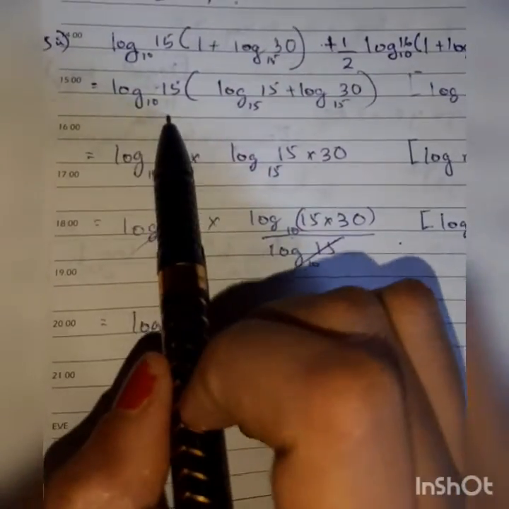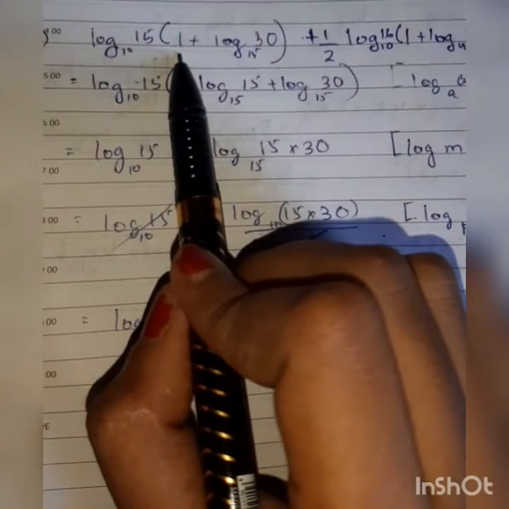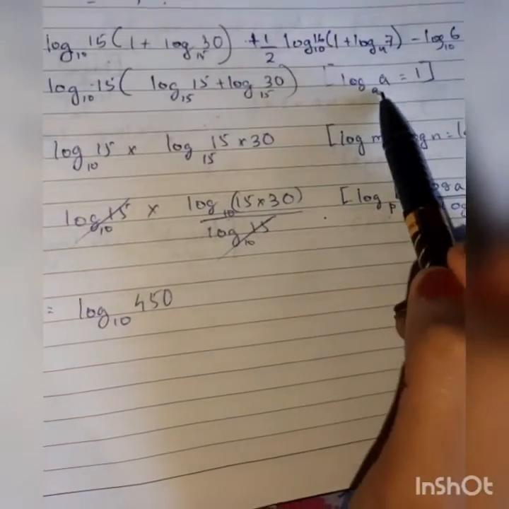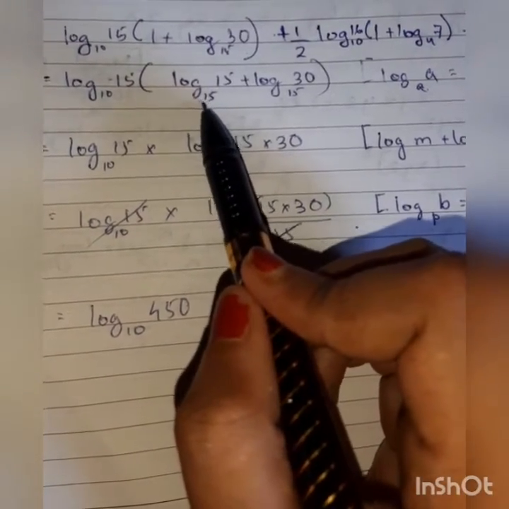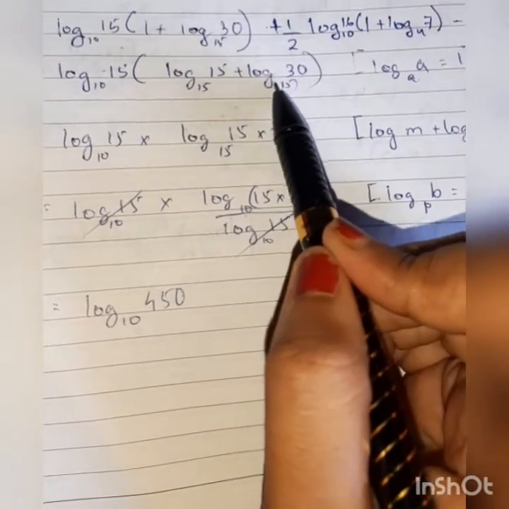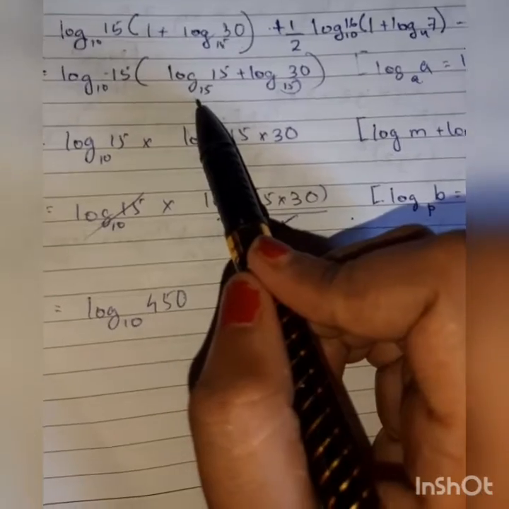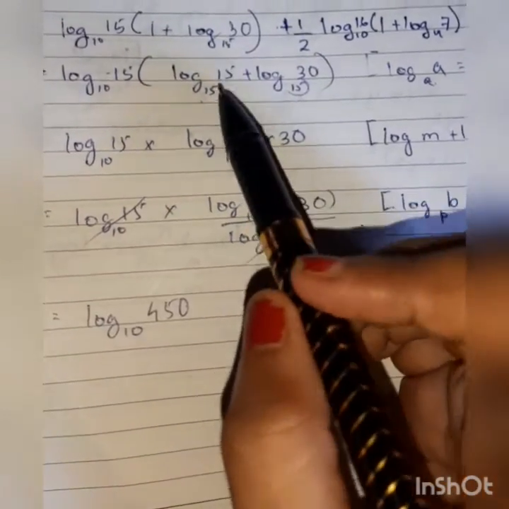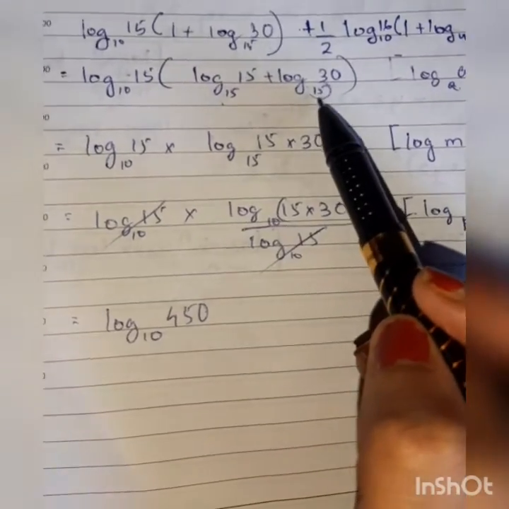So log 15 to the base 10 into this 1, I will change into log a to the base a. Now how will I do that? My base will be selected in such a manner that it is matching with this base. So here the base is 15. That is why I have chosen log 15 to the base 15. I could have chosen anything, log 10 to the base 10, log 3 to the base 3, but I have chosen 15 because the base here was 15.